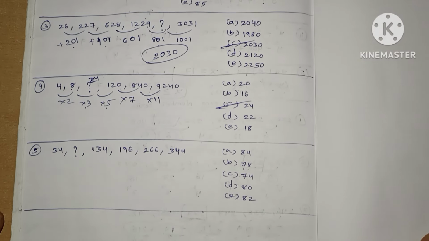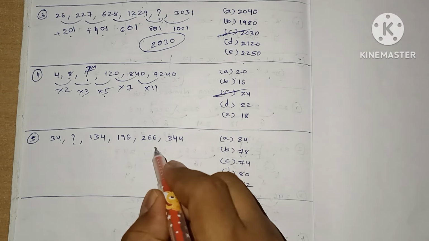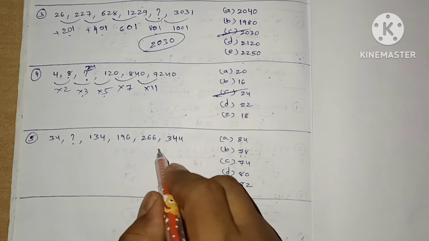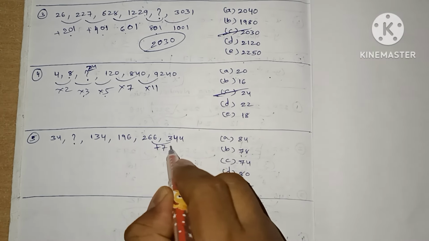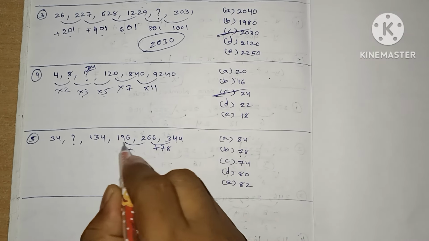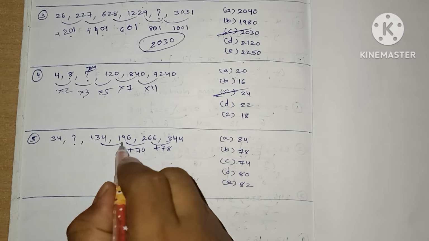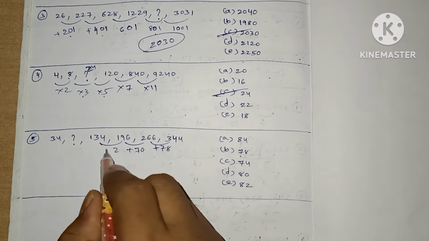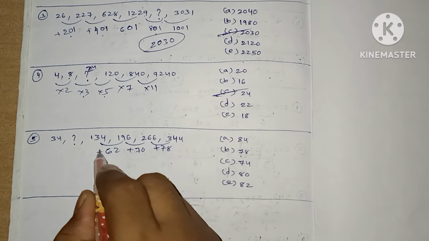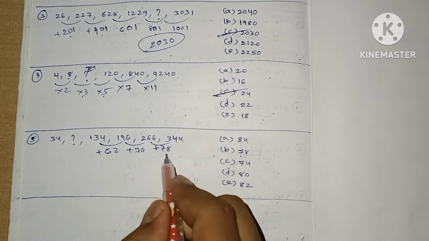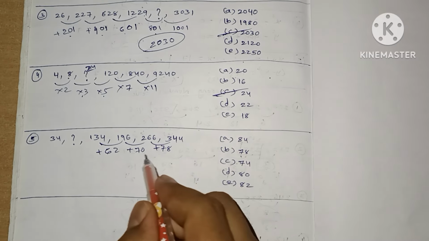Next, fifth question. Here we see the difference of these two is plus 78. Here the difference is plus 4 plus 66, 70. Here we see the difference between these two is 62. And this looks like the double difference of 8.